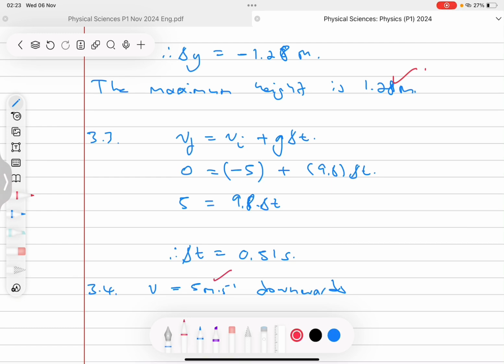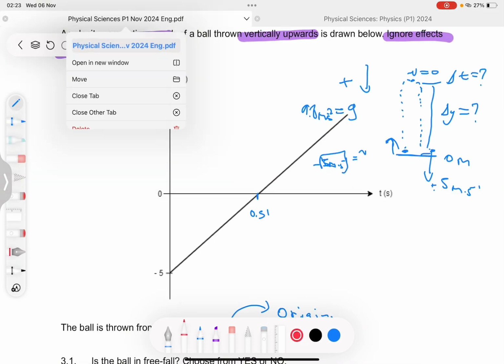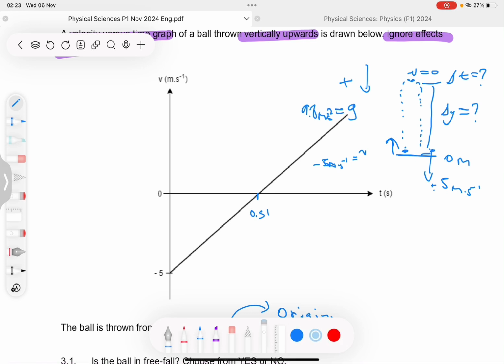Now this question is worth 2 marks. They'll mark you for writing the magnitude, basically this is the speed, right, and the direction, right? Remember that the speed, the magnitude, this number here is the same as this number here, right? But the direction is different. That's why one of them is positive, the other one is negative.